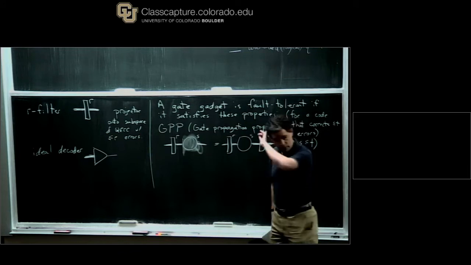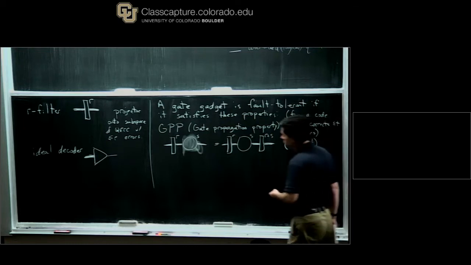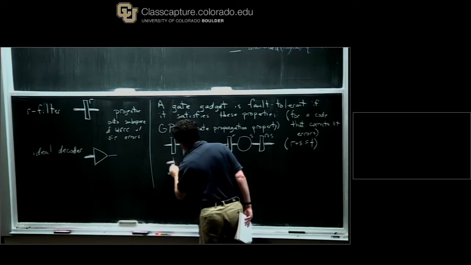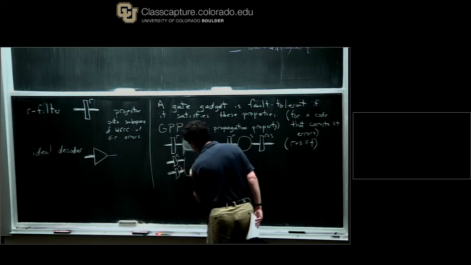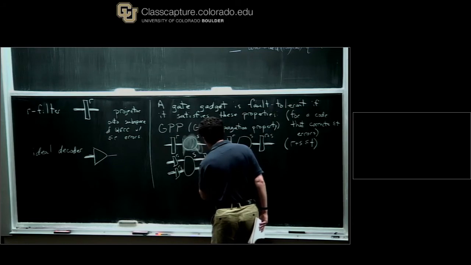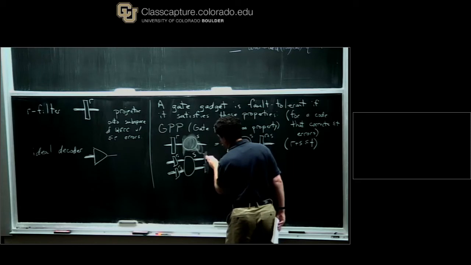Now, I also want to do this for gates that involve two blocks. Like the transversal C0 gate involves two blocks of the 7-qubit code. So how is it going to look then? Well, now we have two blocks coming in, and the first one has R1 errors, the second one has R2. Then we do the gate, it has S errors. And these states at the end, sorry, this is the left-hand side.